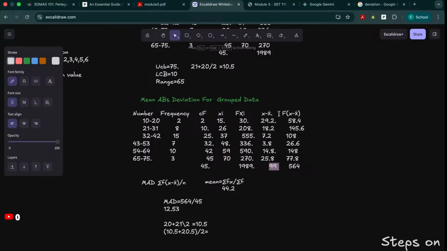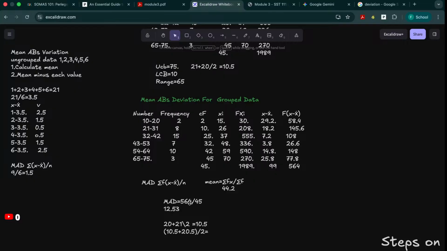Then to get frequency times x minus mean, you do 2 times this number, and we should get 58. After doing that, we do a summation, and we should get this number if I'm correct.